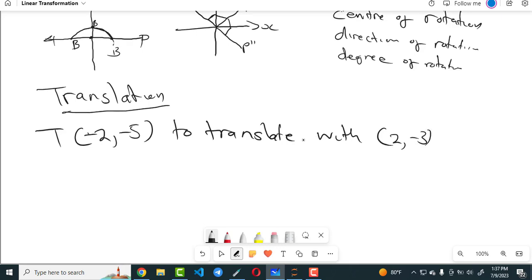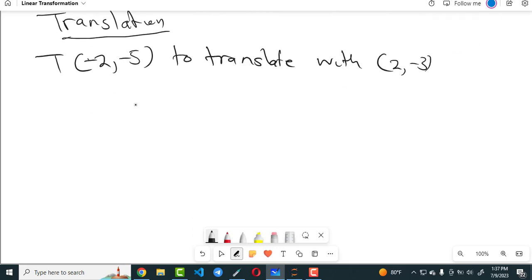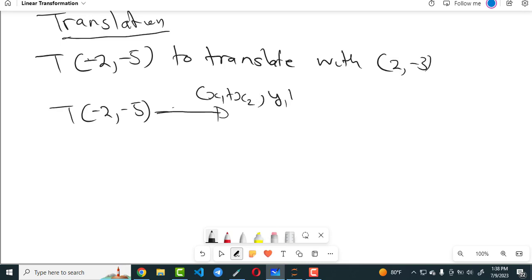So to translate this on a vector space, we are just saying we need this transformation -2, -5 to be mapped into x1 plus x2. These are our first coordinates, y1 plus y2.